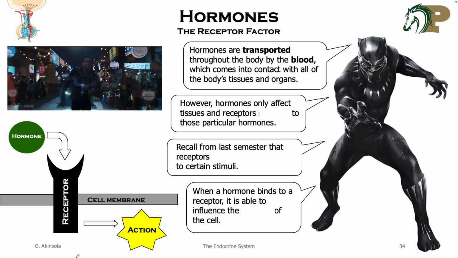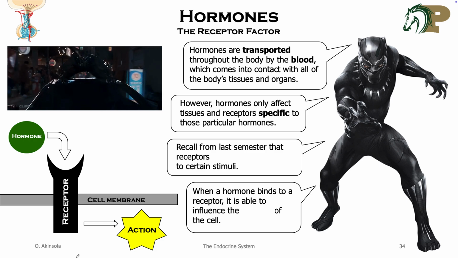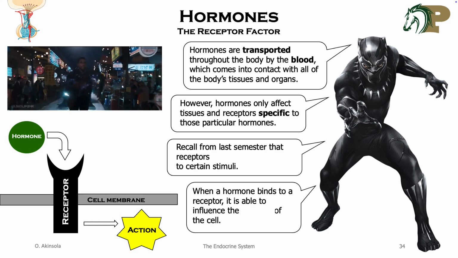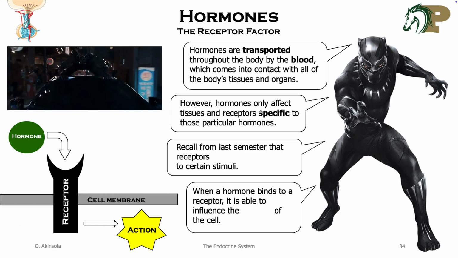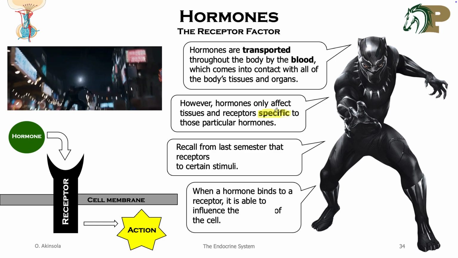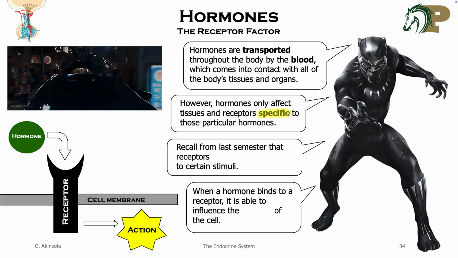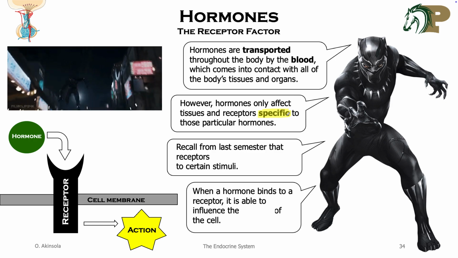However, hormones only affect tissues and receptors specific to those particular hormones. I've mentioned this multiple times in this particular chapter, this concept of specificity. That is important when we are talking about endocrine glands and their hormones.